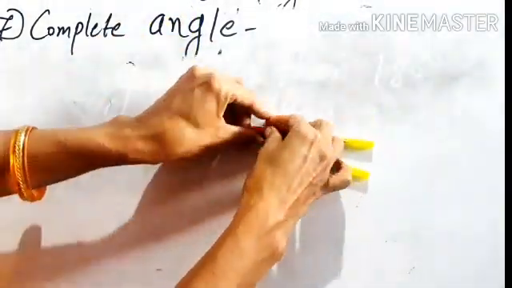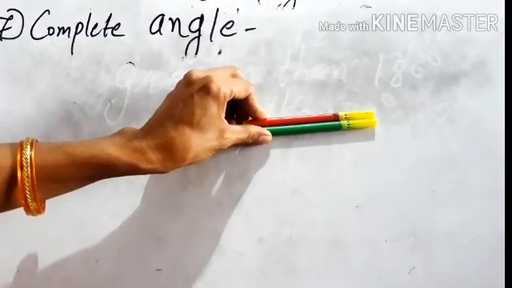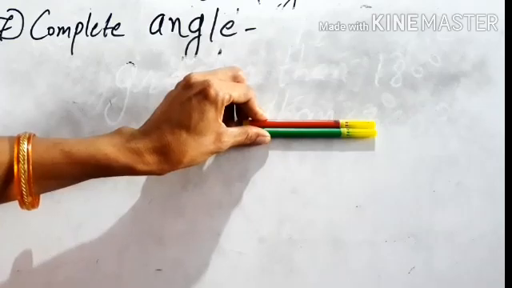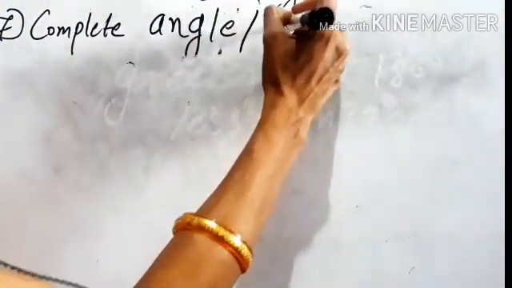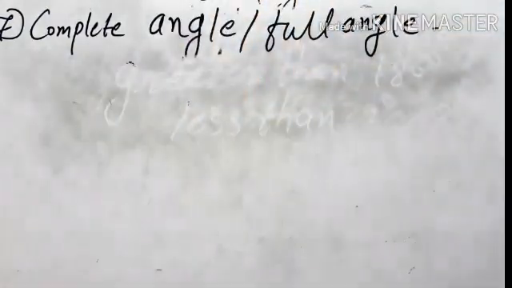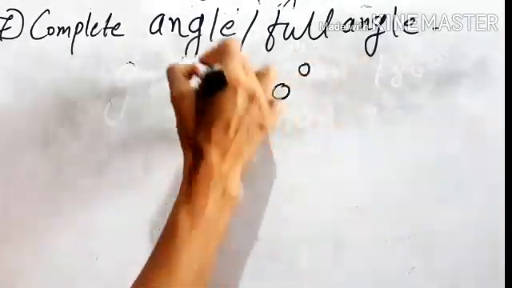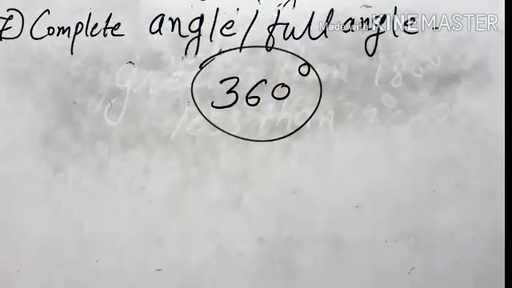Now if we complete this, again it will go towards this position. That time it will complete its one rotation. So it is the complete angle, or we can say it is a full angle also. The complete angle measure will always be 360 degree.